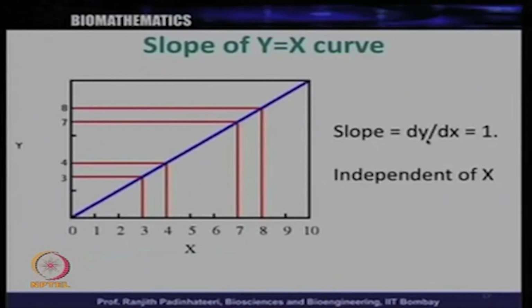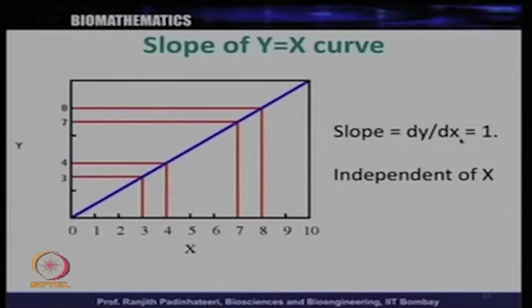Take it as an assignment: plot yourself a y equal to x curve on a graph sheet, take some small interval dx and see what the corresponding dy interval is, and you will find that they are equal, dy equal to dx. In other words, dy by dx equal to 1.